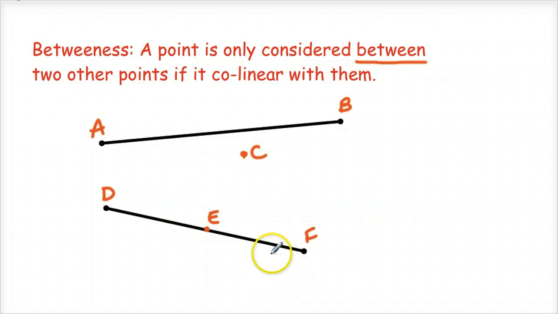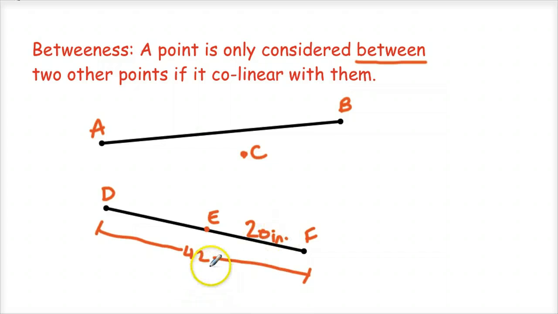And the reason that this is nice is because we can use some of this information to tell us different measures of different segments. So if I were to say that 20 is the measure between EF, and the total measure between DF is, let's say, 42, and we can throw in units here if we want.